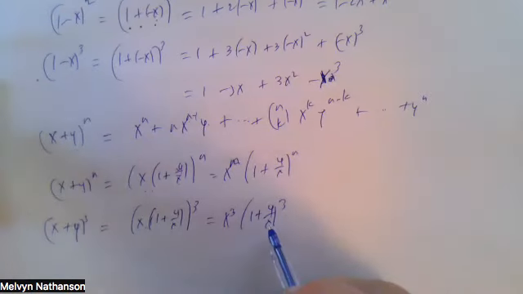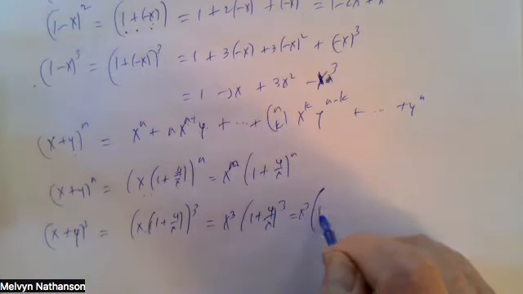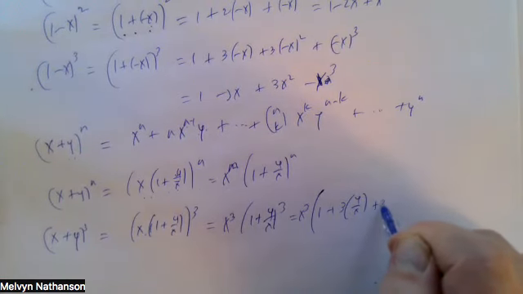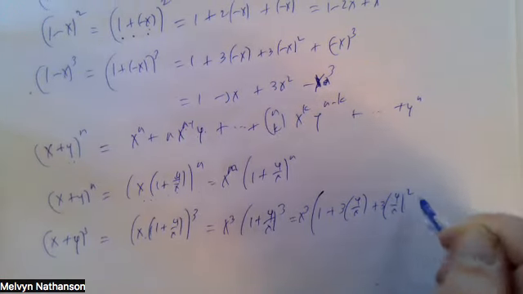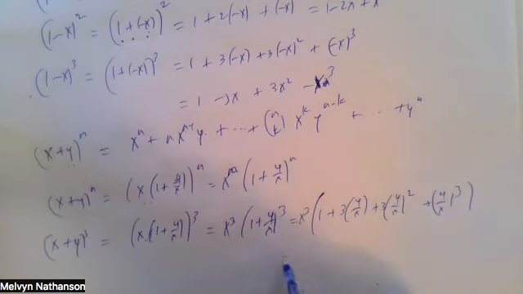And then I can apply the binomial theorem for 1 plus something cubed. This will be x cubed, and I expand this. I get 1 plus 3 times y over x plus 3 times y over x squared plus y over x cubed.